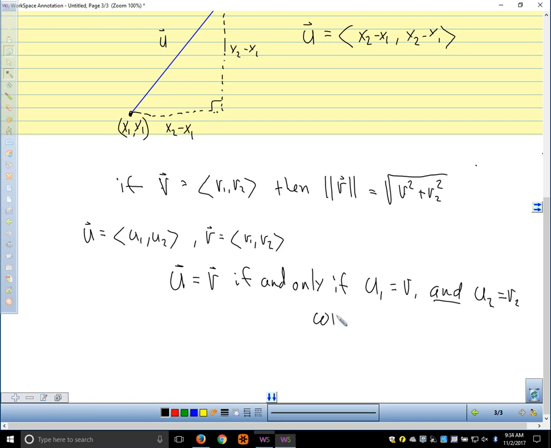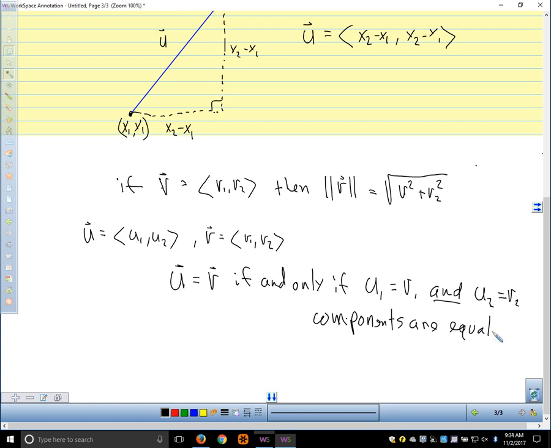The components are equal. So if we look at our vectors in component form, we just compare the components to see if they're equal. All right, we good so far?